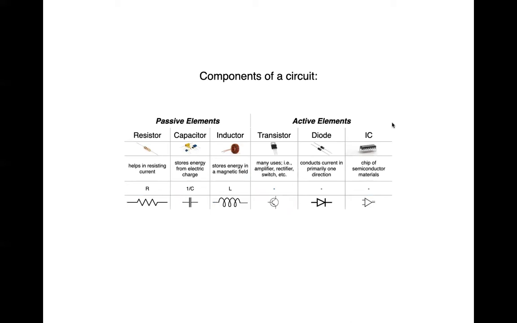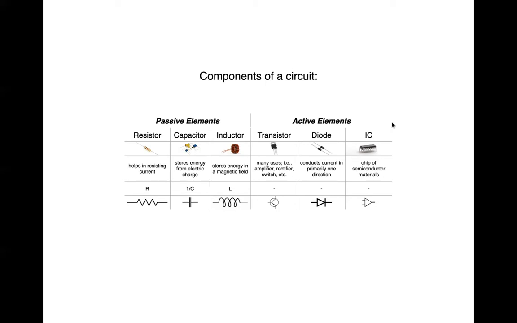Just to overview the basic components of circuits, there are passive elements and active elements in an electronic circuit. Passive elements are mostly resistors, capacitors, inductors, sometimes switches. These elements do not control the current in a circuit or provide power to the circuitry.